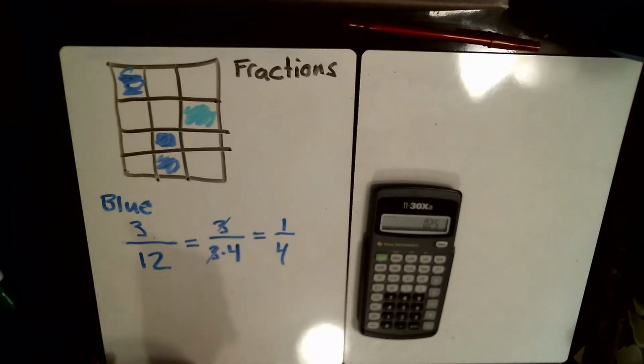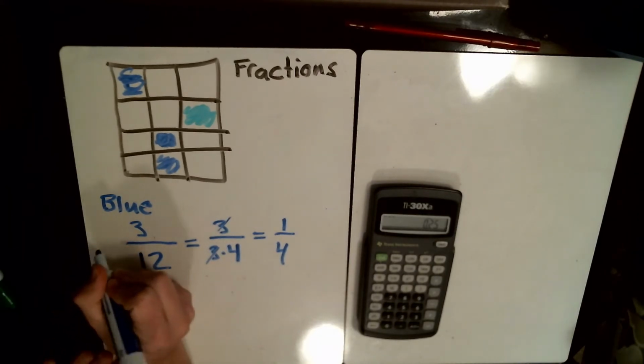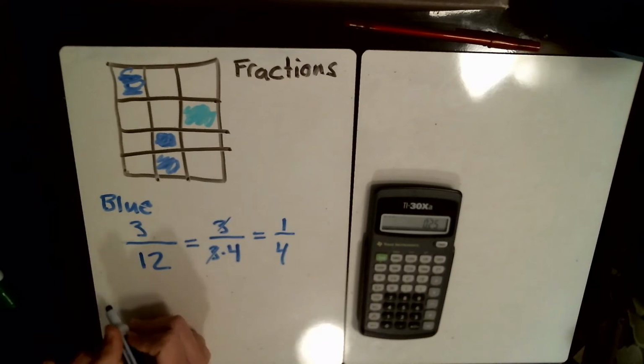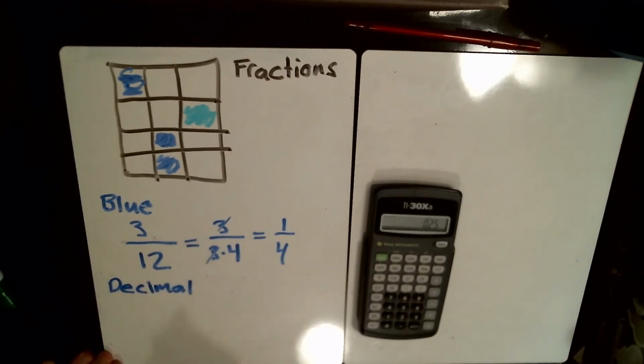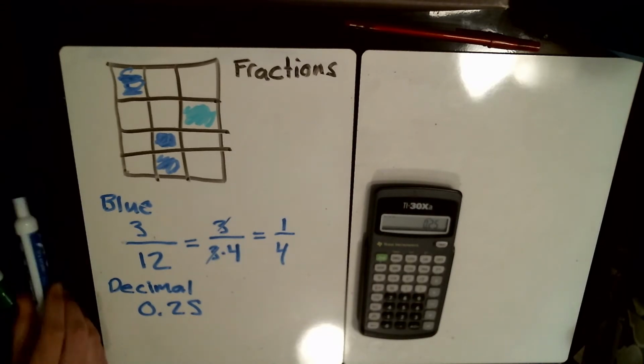So as a decimal, this is your fraction, right? As a decimal, what you get is 1 divided by 4 is the same as 0.25, okay? So that's our decimal.